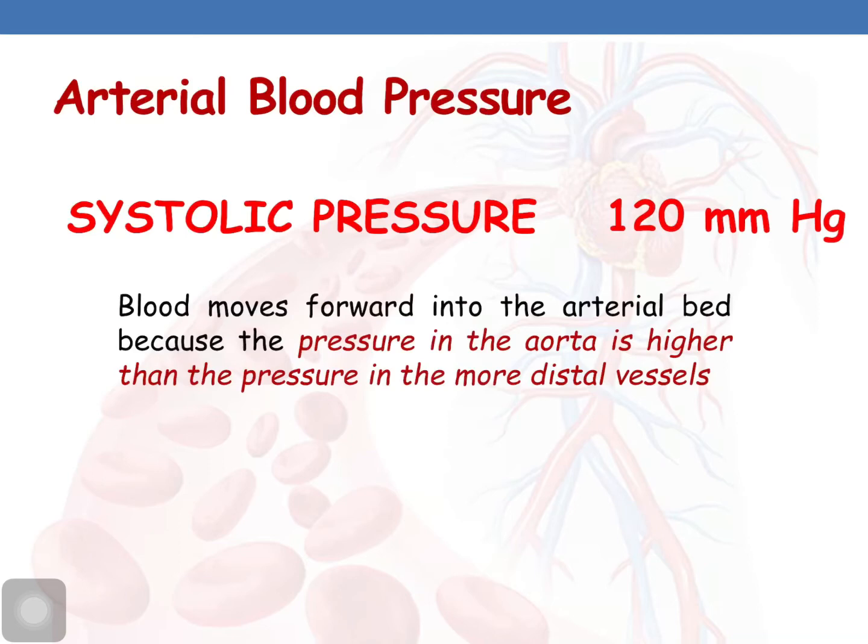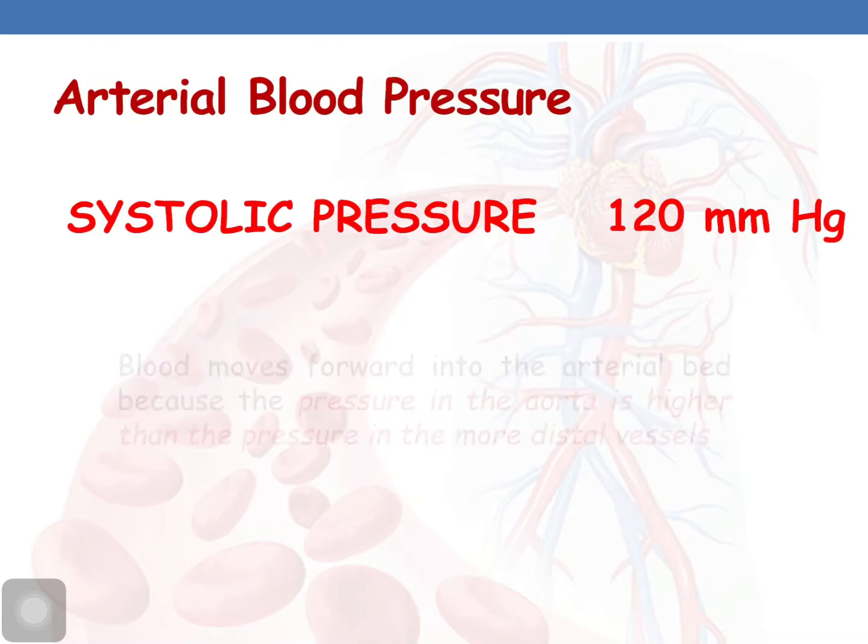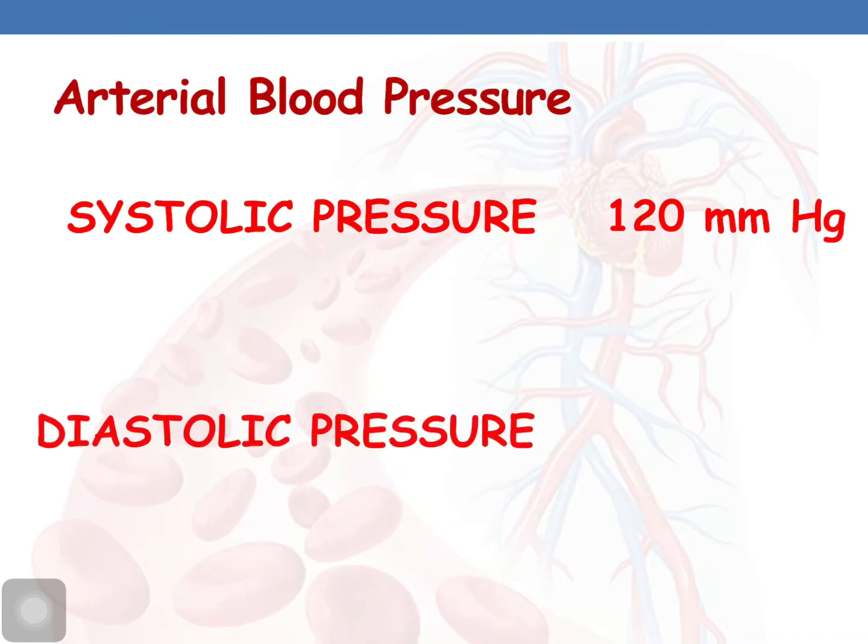During this time, aortic pressure drops to its lowest level, which we call diastolic pressure, and this is approximately 70 to 80 mm mercury in a healthy adult.